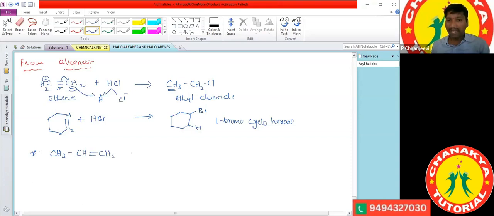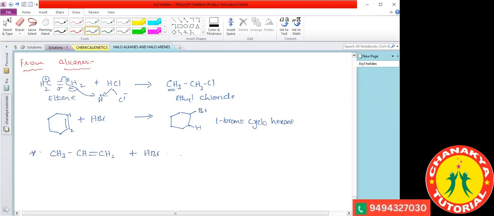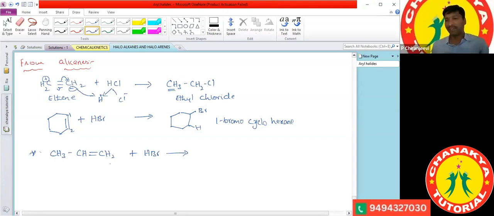First of all, is the alkene symmetrical or unsymmetrical? Sir, it's unsymmetrical because it has an extra methyl group. Yes. Total three carbons, an odd number, so we can call it unsymmetrical. Also, on one side we have a double bond and on the other side a single bond, so it is unsymmetrical.